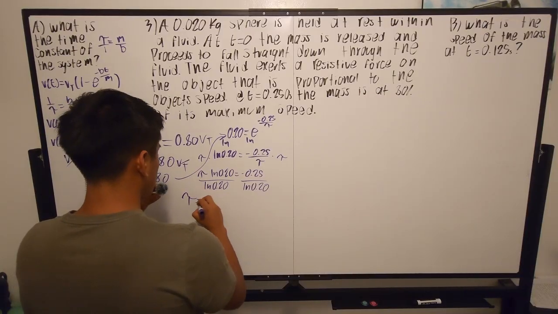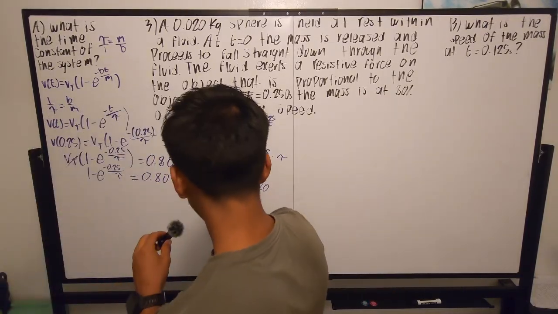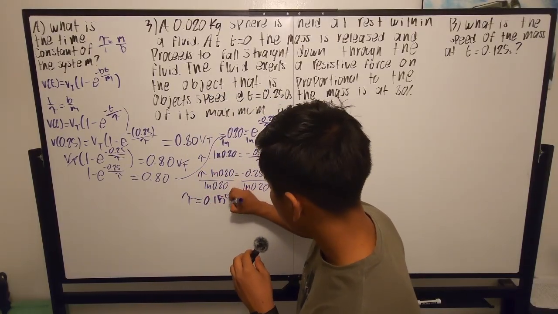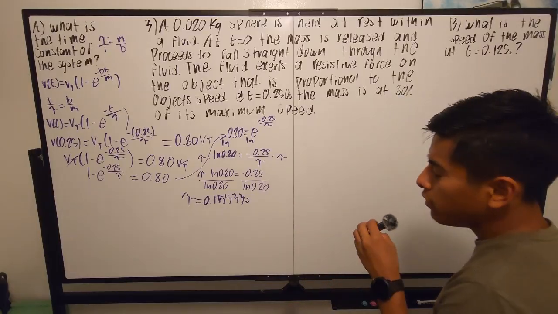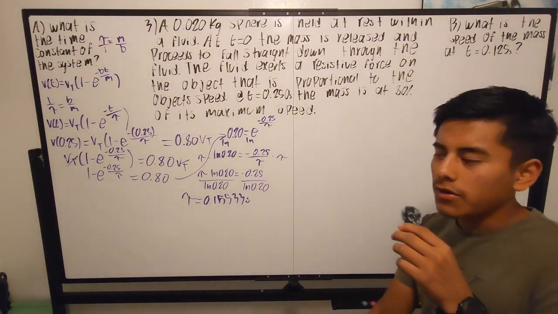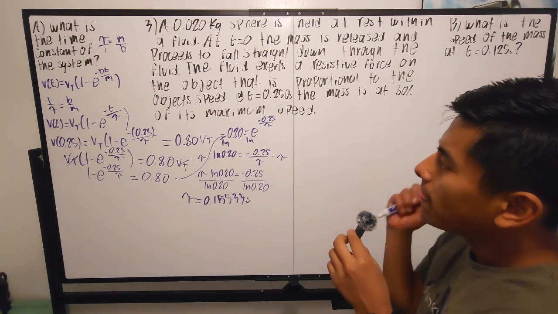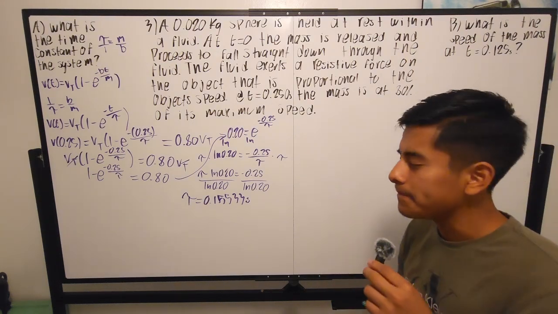And once you put that in your calculator, you should get that tau is equal to 0.1553 seconds. So that is the duration of one time constant, or the time constant for this specific problem, or this specific system.